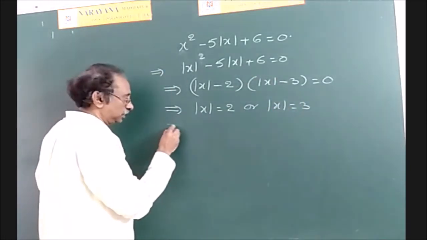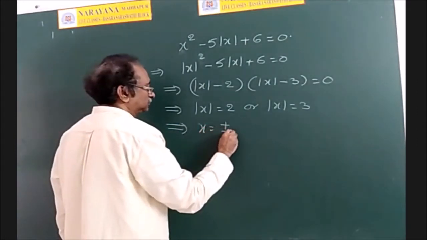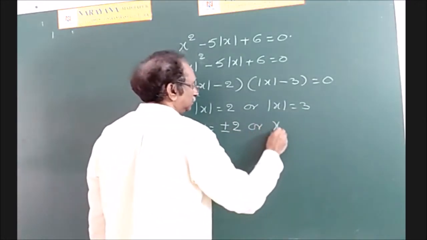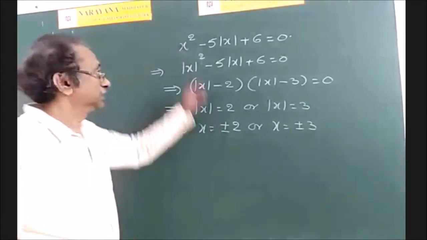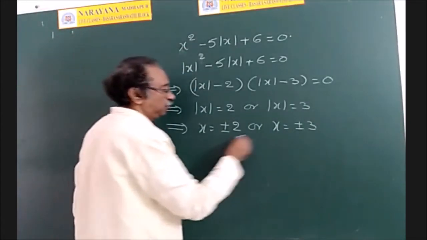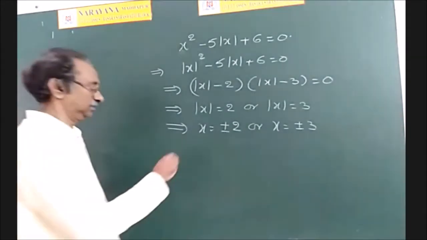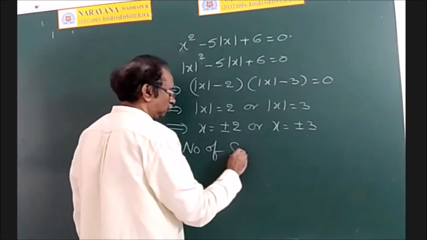And therefore, whenever mod x is 2, what are the values of x? x may be 2 or minus 2. Similarly, x may be 3 or minus 3. Therefore, this equation has 4 solutions: 2, minus 2, 3, minus 3. So, number of solutions of that equation is 4.